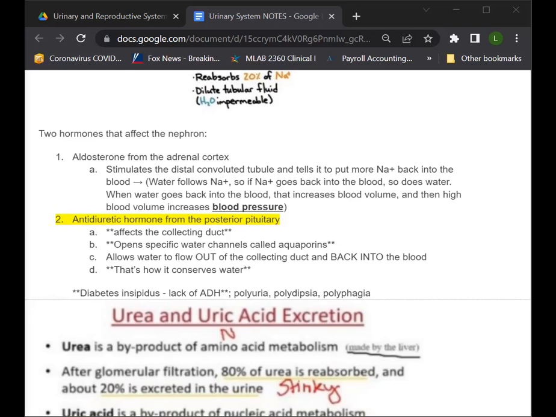Okay, then for antidiuretic hormone, a diuretic basically makes you lose water or pee it out. So an antidiuretic is going to do the opposite. Antidiuretic hormone is actually going to help you conserve water.